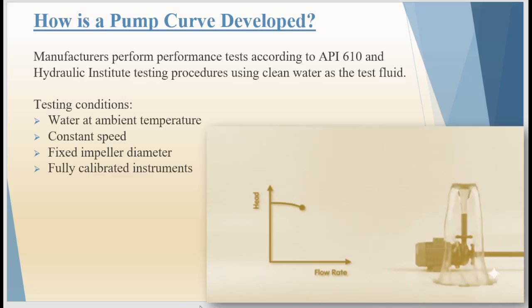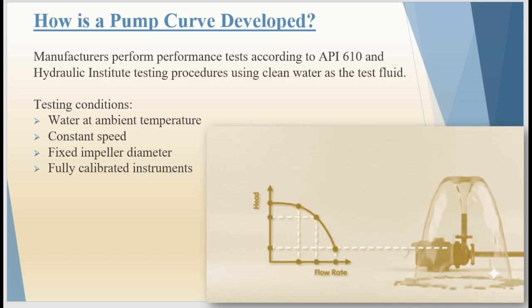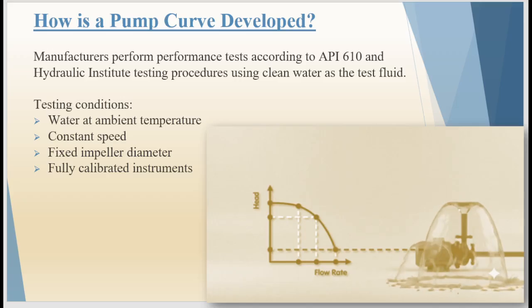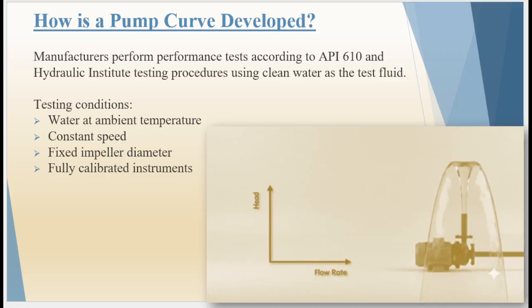During the test, manufacturers use clean water as the test fluid because its properties are well known and remain consistent. This provides a standard reference for evaluating pump performance. To obtain reliable results, several testing conditions are kept constant throughout the test.